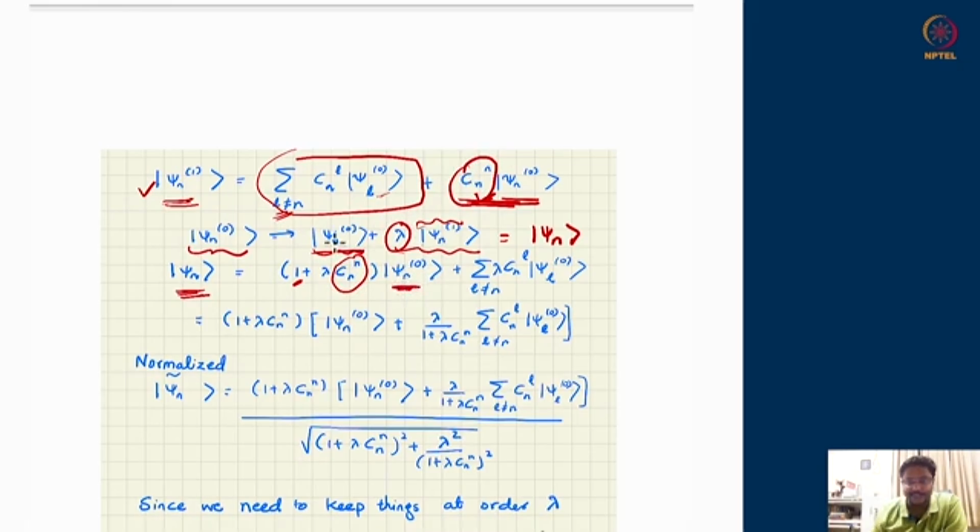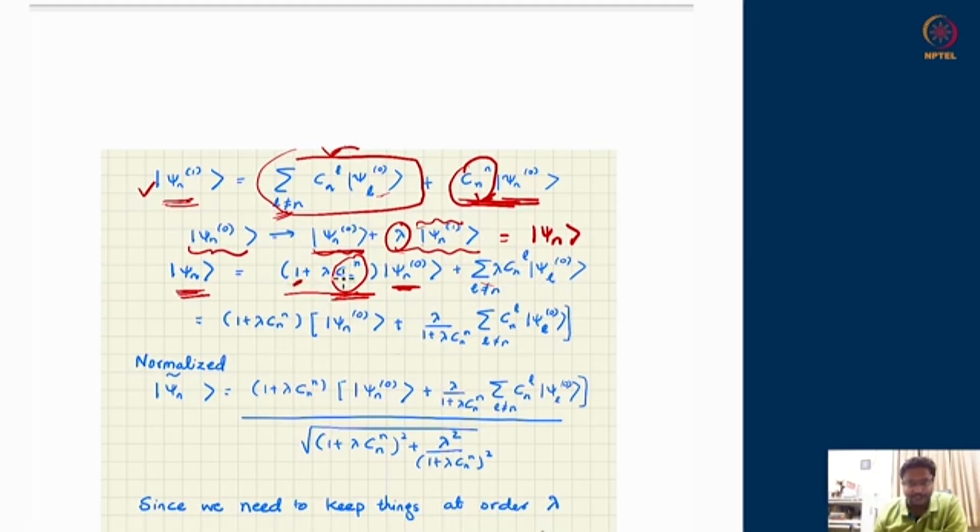So you can see that if psi n1 has a projection along the psi n0 direction, it is going to add to this 1 which is already existing. And the remaining terms will come with a coefficient lambda. So the full wave function will become 1 plus lambda CNN along the psi n0 direction, and lambda times CNL along all other basis vector directions.